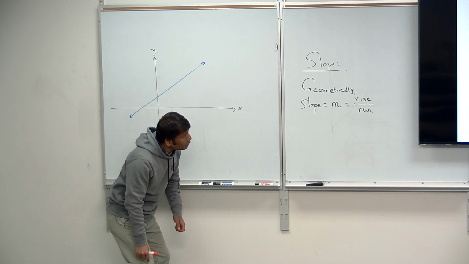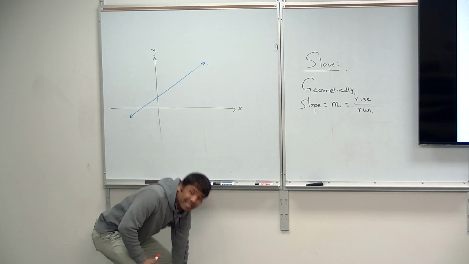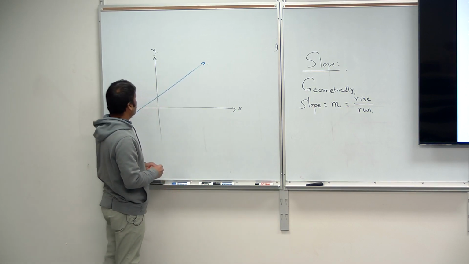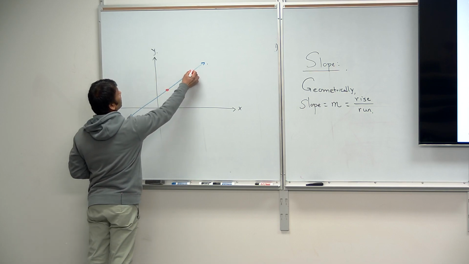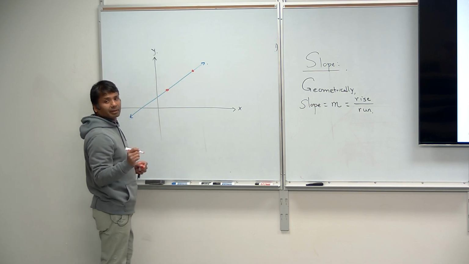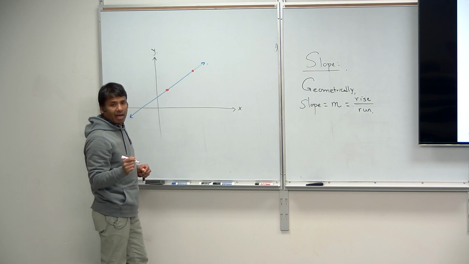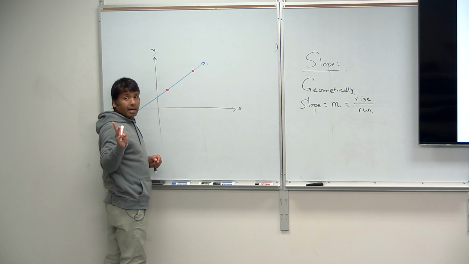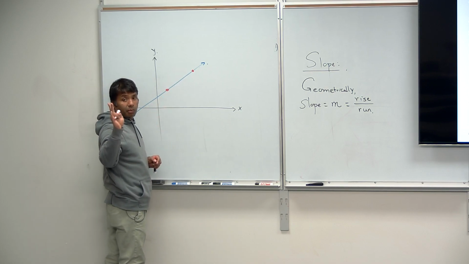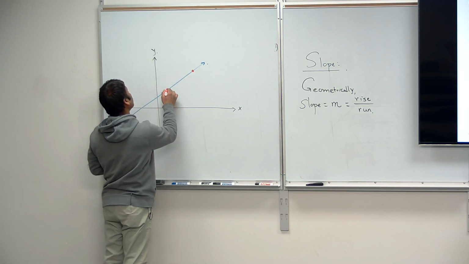You only need what? 2 points, okay? Use 2 distinct points. So let's say I want to take this point and this point. Are you with me? I want to find out the slope of the line. What do I need? I need 2 distinct points. So I pick these points.